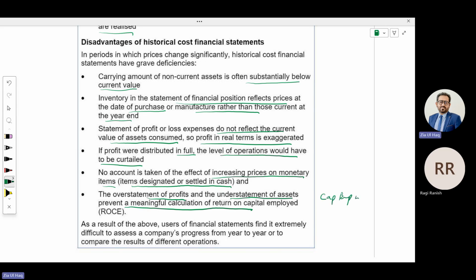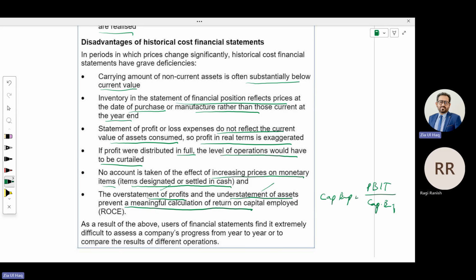Return on capital employed is equal to profit before interest and tax divided by capital employed, meaning equity plus long term liabilities, or we can say total assets minus current liabilities. If you are not charging depreciation as per actual consumption of the asset, ultimately profit will be overstated and assets will be understated.